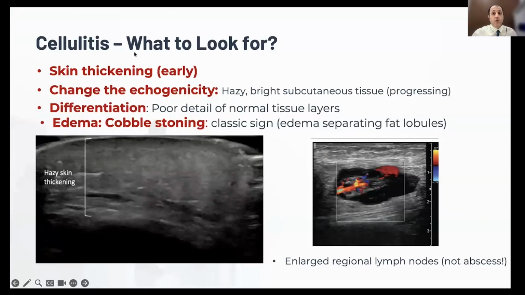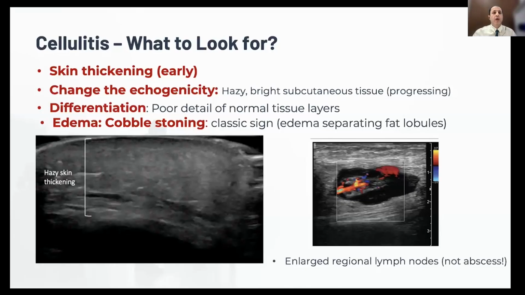In cellulitis, what we should look for depends on your case: is it early-stage cellulitis, or advanced, a true cellulitis? If it's early-stage cellulitis, you may have skin thickening. How do you know whether the skin is thickened or not? We always need to compare with the normal side.